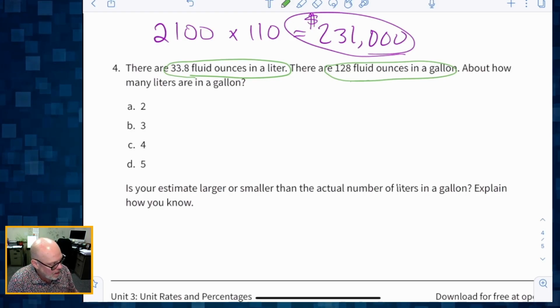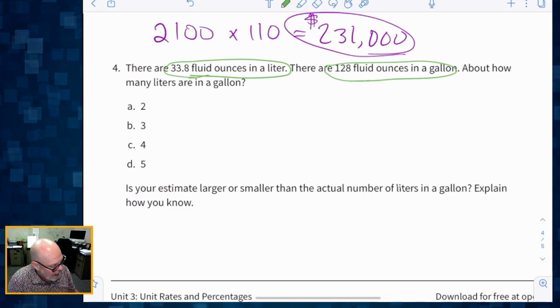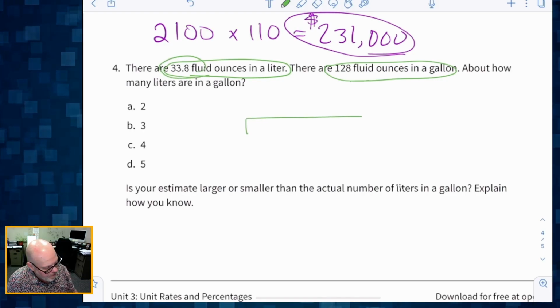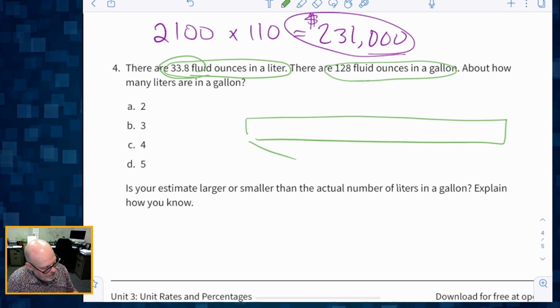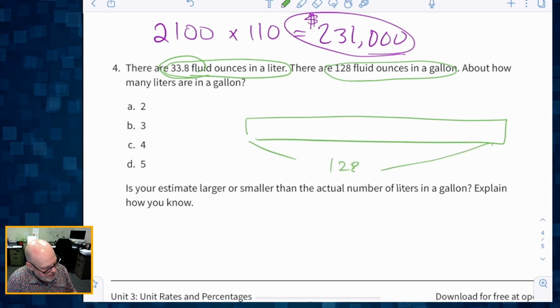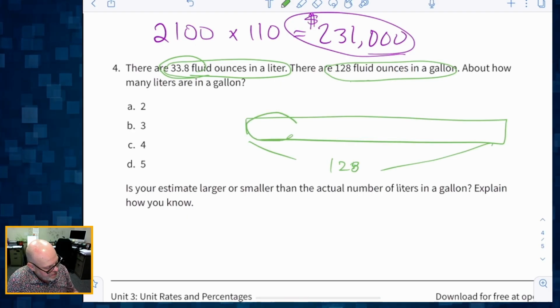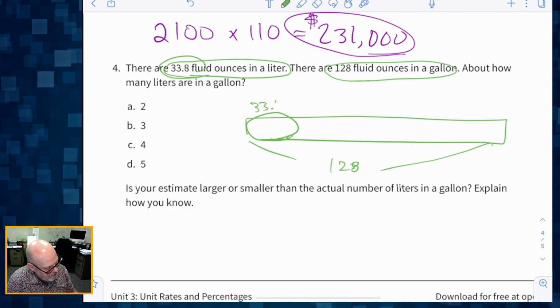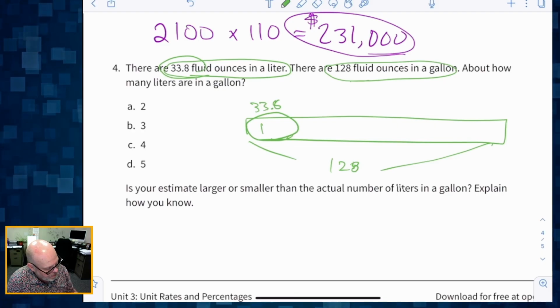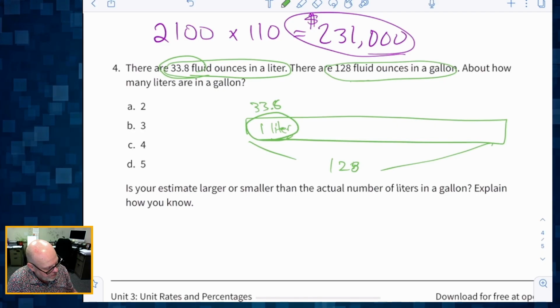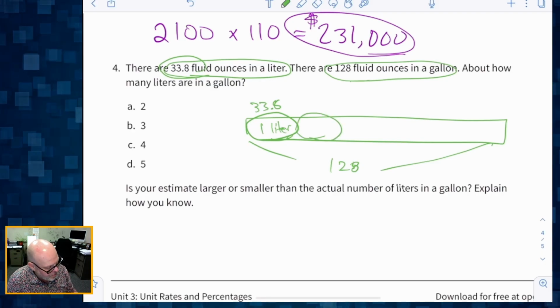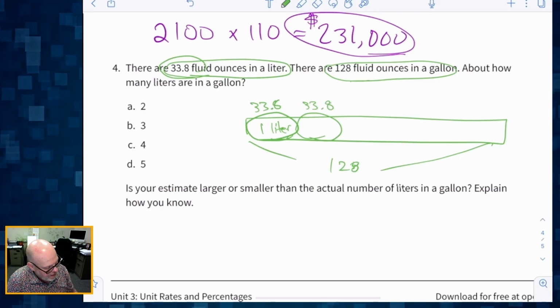And so I want to know how many, like right here, here's 128. I want to know if this is a 33.8, that equals 1 liter, 1 L-I-T-E-R, 1 liter. And then here's another 33.8 fluid ounces.